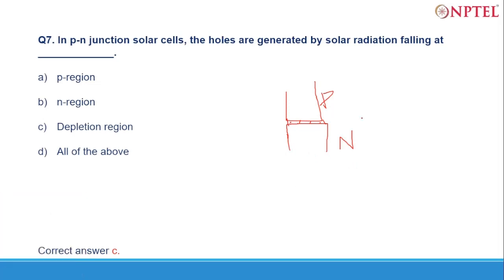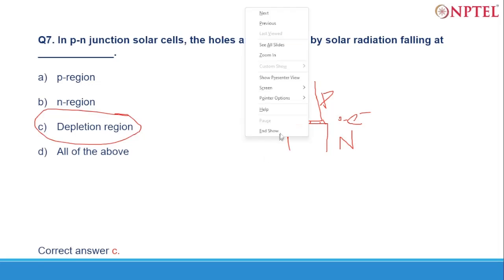In this region, the electron hole pairs are generated. When the light strikes this region, the electron hole pairs are generated, and these electron hole pairs are moved to different layers, and these are of very much importance in solar cells because they are the main regions for conduction in solar cells. So the correct answer is the depletion region, in which the holes are generated.